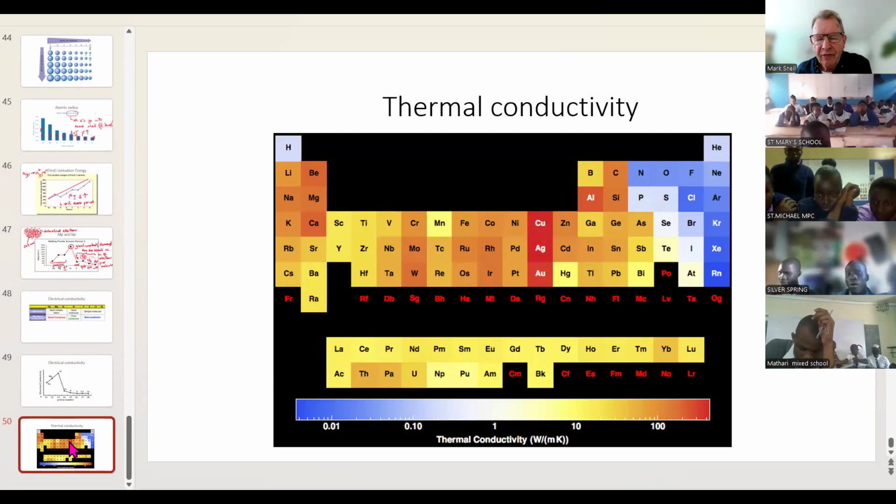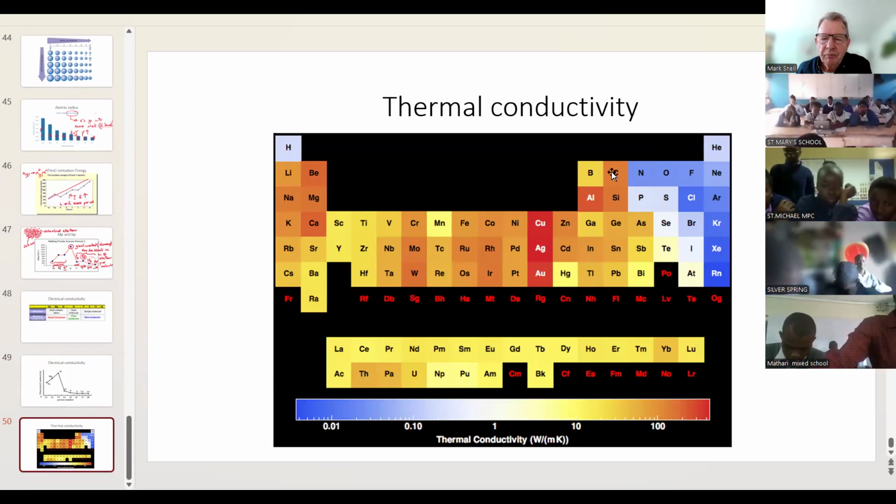You have to know about thermal conductivity. That is the conduction of heat. It is really simple. Basically, metals conduct heat and non-metals don't. Now, there are some like carbon and silicon and arsenic and antimony which do conduct, and carbon, actually in diamond, is one of the best conductors of heat there is.